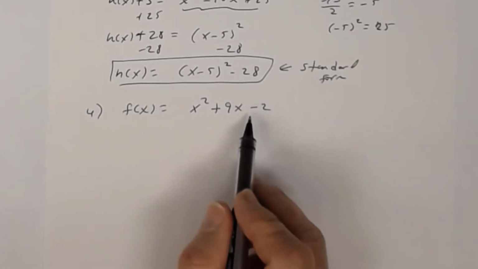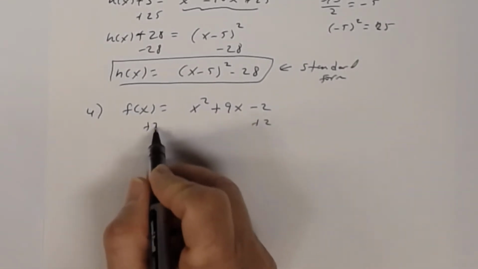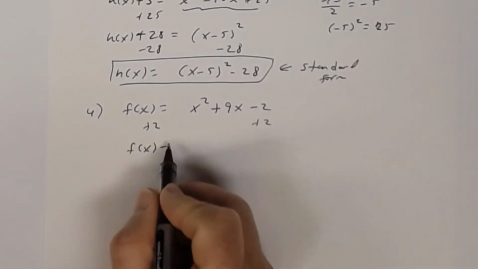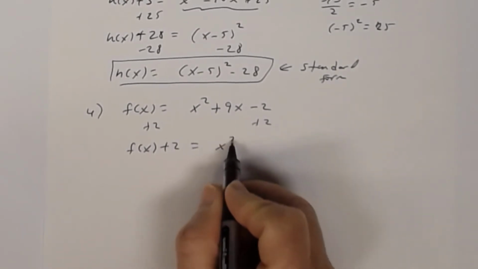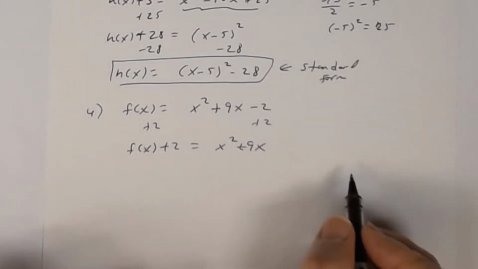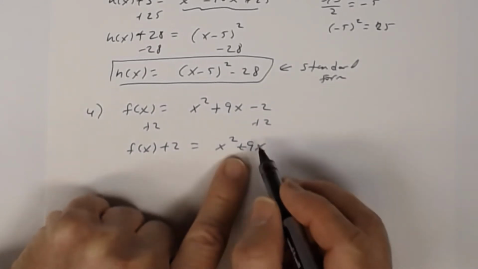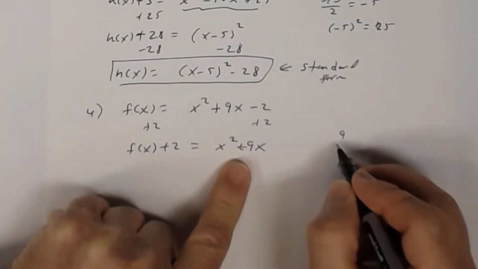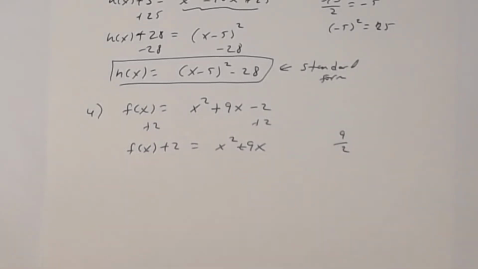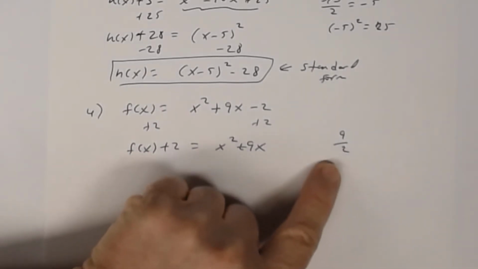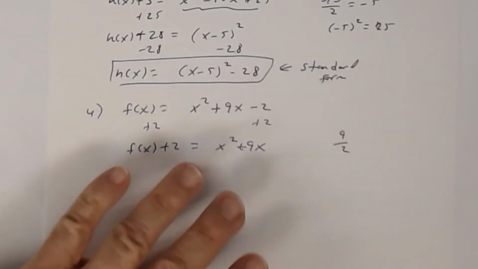Then let's add 2 to both sides. When I do that, I get f of x plus 2 equal x squared plus 9x. Now I'm going to complete the square on the x terms, so this is where I take 9 divided by 2. Now remember, 9 is not divisible by 2, so leave it as a fraction. Don't put it as a decimal. You're going to have some issues here.